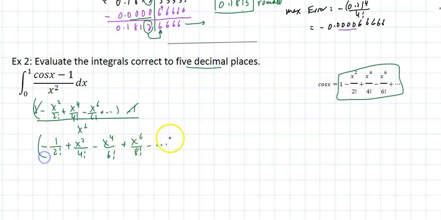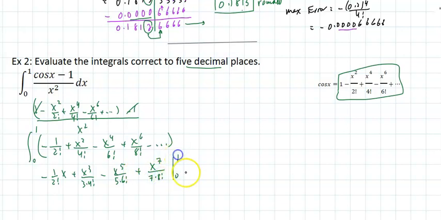Now, I'm integrating this from 0 to 1, and that turns out to be negative 1 over 2 factorial x plus x cubed over 3 times 4 factorial minus x to the 5 over 5 times 6 factorial plus x to the 7 over 7 times 8 factorial, evaluated from 0 to 1.